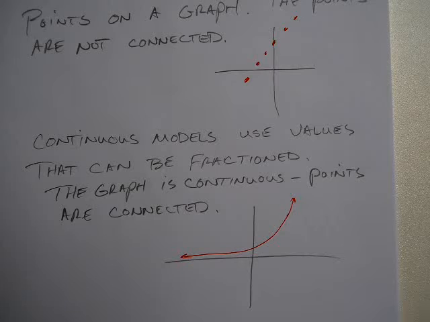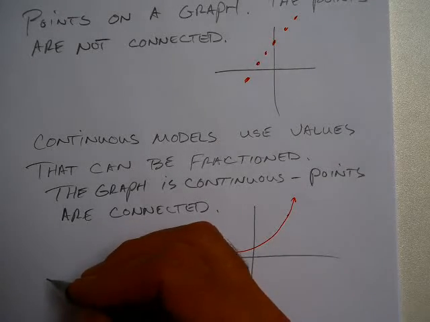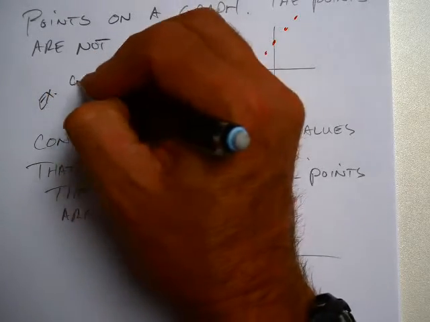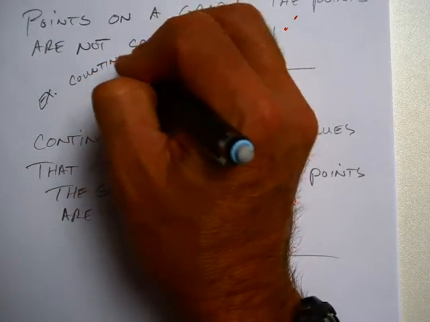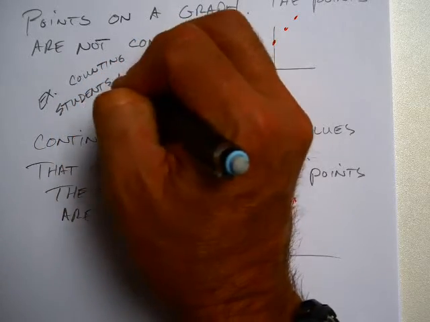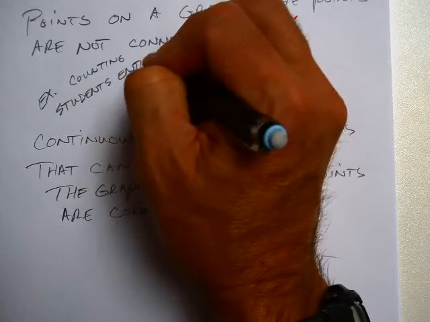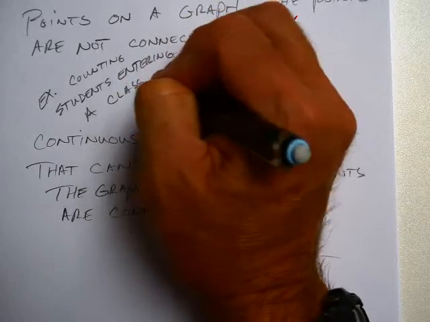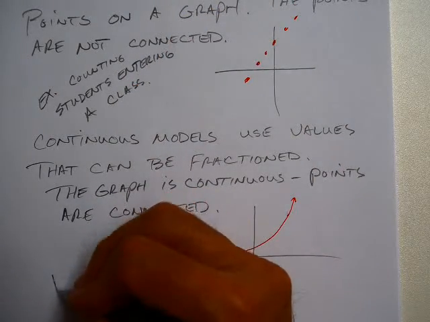Perhaps it's some wacky thing, we don't know, but it's connected, it's a line. It's a series of points that are so close together that they create a line. So maybe as an example, counting students entering a class, and this one could be filling a bathtub.